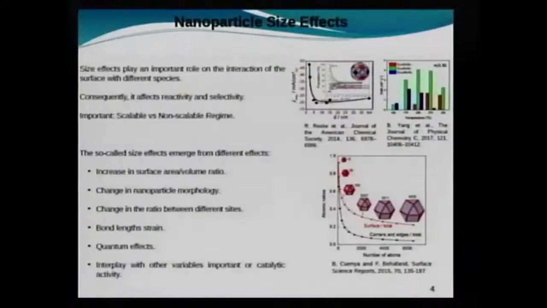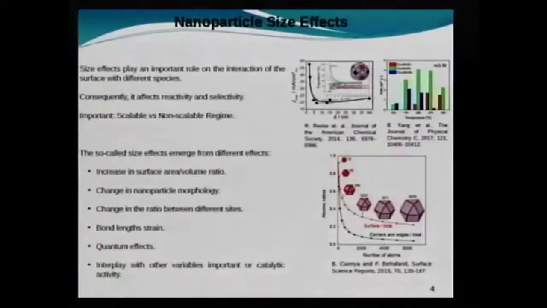And we have a non-scalable regime, usually for nanoparticles, or in this case, nanoclusters, with a diameter smaller than 1 nanometer, depending on the material, depending on the metal, where we have the so-called every-atom-counts regime. So for example, here we have Cu3 as the green line, and Cu4 as the blue line. And these are basically the activity of the catalyst for methanol production.